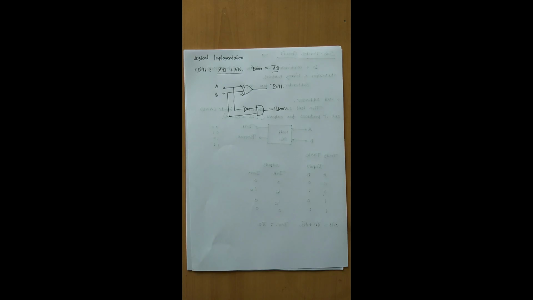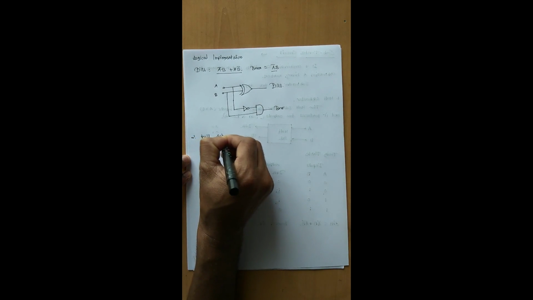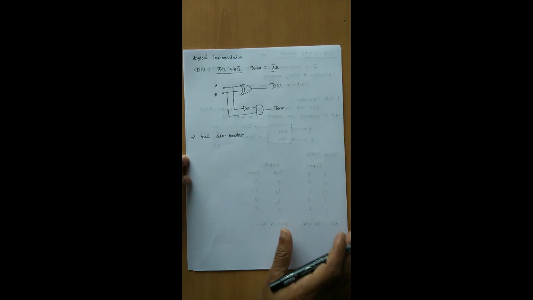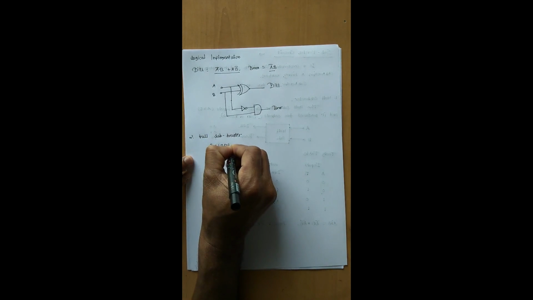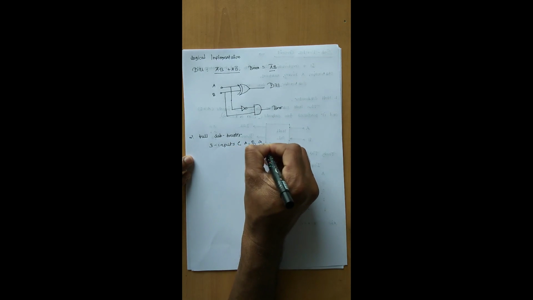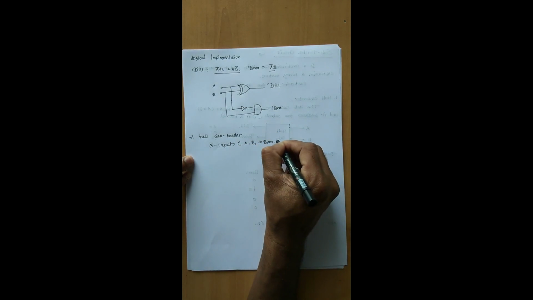Then let's go with the full subtractor, the second type. What is the difference between a full subtractor and a half subtractor? A full subtractor consists of three inputs: A, B, and the borrow of the previous column.